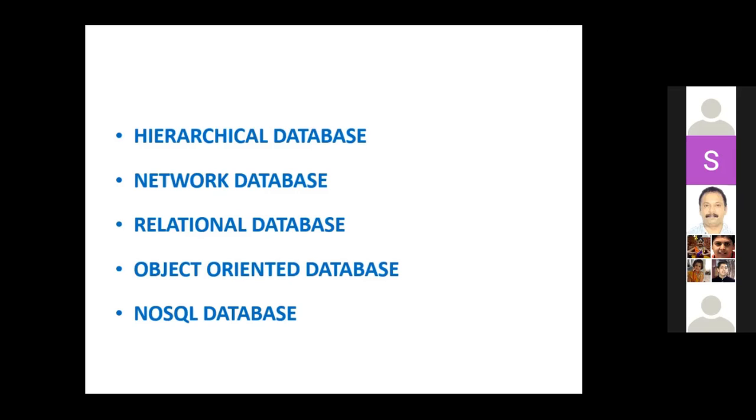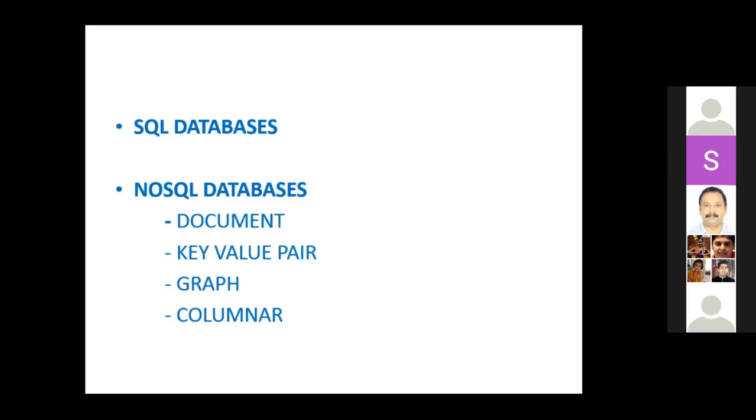In this new generation, a new suite of software has been developed. We need to understand how they work and develop smart systems accordingly. For NoSQL databases, you need to understand document databases, key value pair databases, graph databases, and columnar databases.